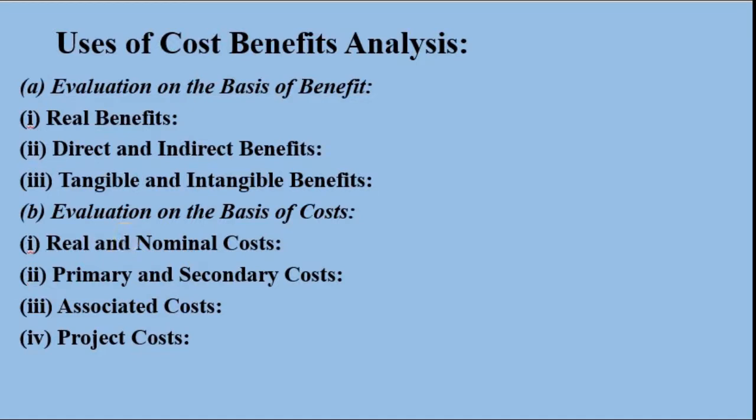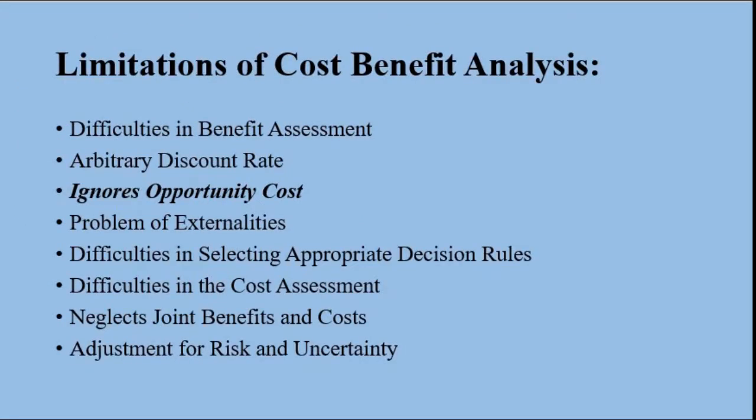Now here are some of the limitations. In this we'll discuss difficulties in benefit assessment. The rate of discount assumed for any project is always arbitrary, and there is no perfect method to find the social discount rate.